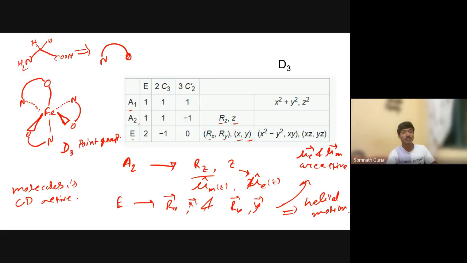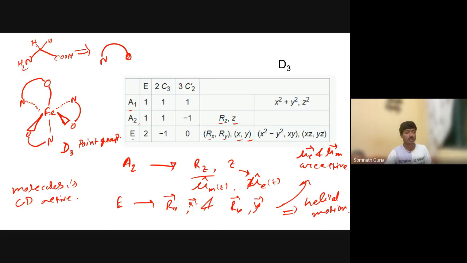In that case only can we find optical activity and CD activity. So now we are able to see how optical activity is associated with helical motion, and this helical motion will interact with the left and right circularly polarized light, which is also helical in nature. That's why they interact with each other.